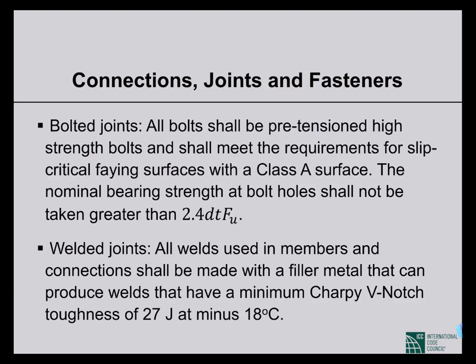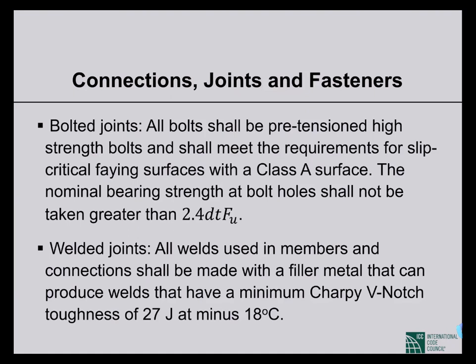Remember that there are 2 types of bolted joints. One is slip critical type, another is bearing type. But for seismic provision, we have to use slip critical type, where the surface quality should be class A.